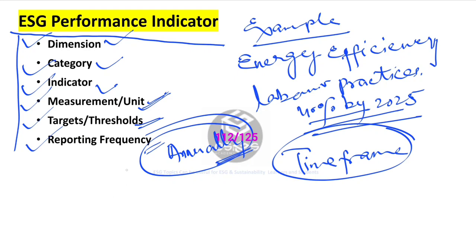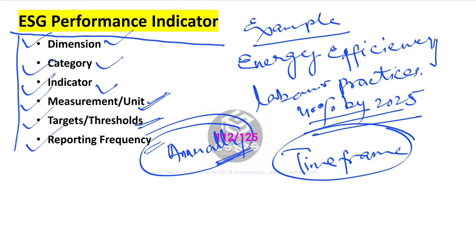The next comes considerations. What considerations? So we can customize indicators based on the industry, organizational goals, and stakeholder expectations. We also ensure indicators are SMART, specific, measurable, achievable, realistic, and time bound, and align with recognized ESG frameworks like GRI, SASB for consistency and comparability.